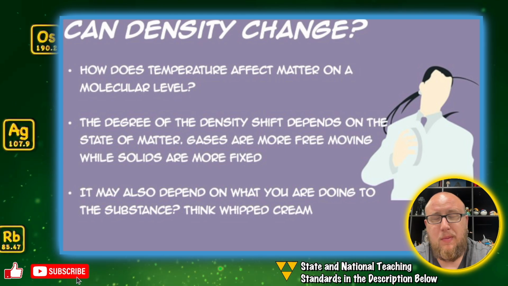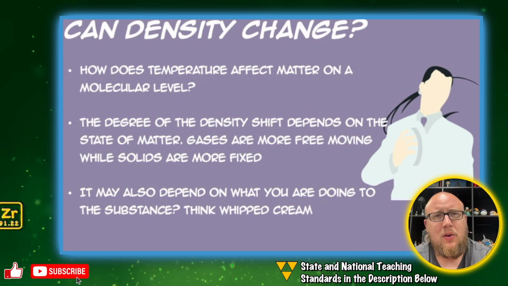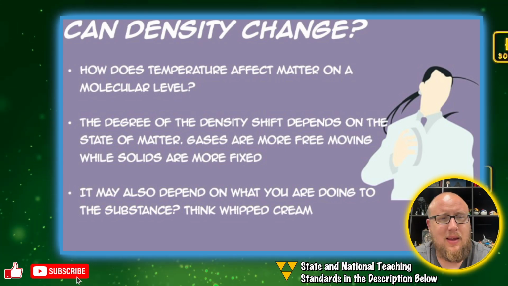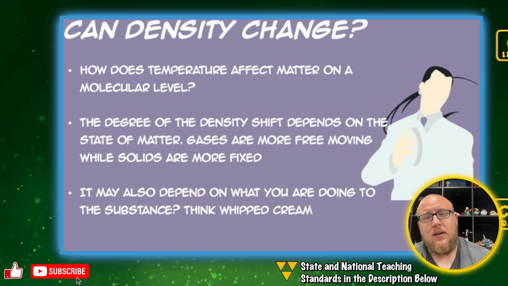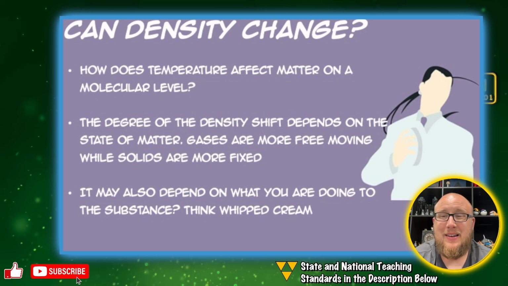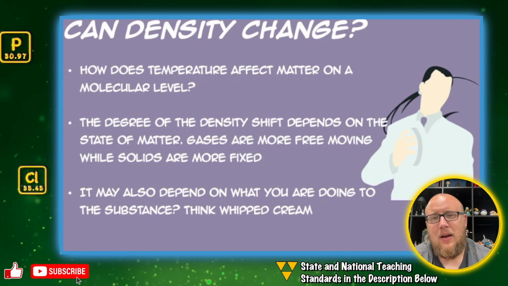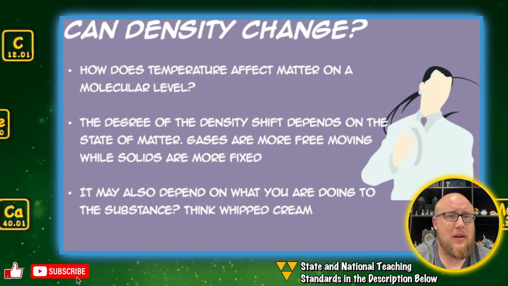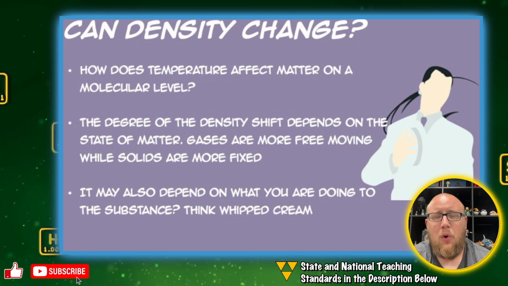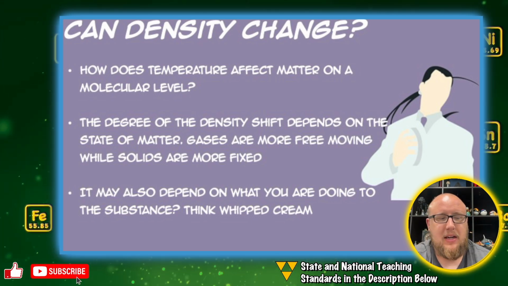And if you take a little bit of that whipped cream, it's going to feel a lot less dense than the entirety of that liquid that you poured in there. So can density change? Well, yeah, but it just depends on the state of matter and what that volume is in that state of matter.